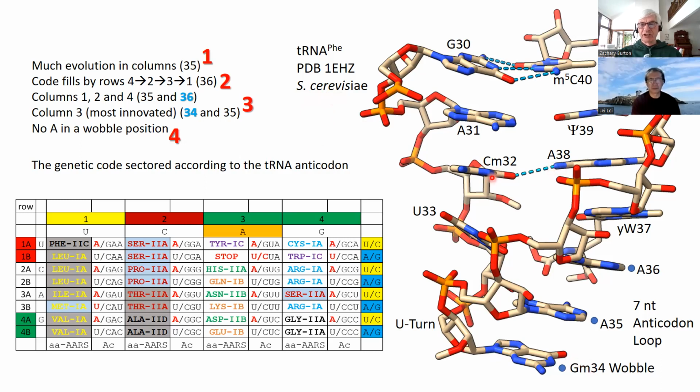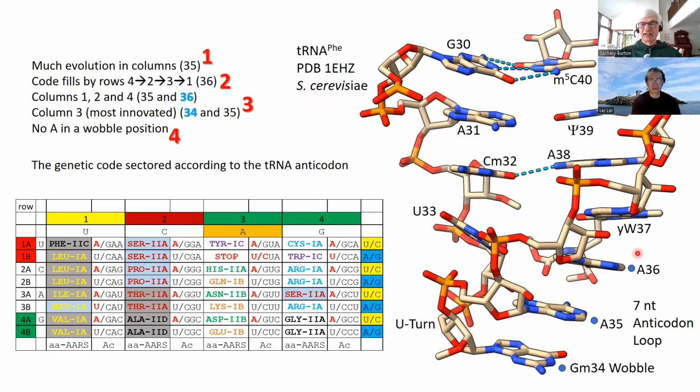So anyway, you have a Hoogsteen hydrogen bond here. That's a weak interaction. You have a U, you have a U-turn, you have a wobble base, you have a middle base of the anticodon and a third base of the anticodon.